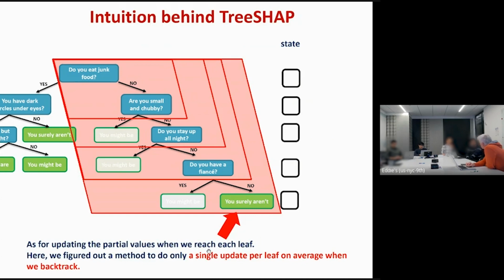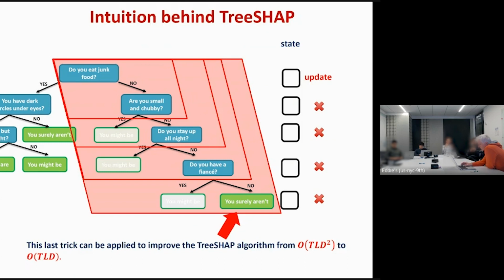This is again the standard trick, like the Eulerian tour of the tree. Instead of going to each of the subtrees, we can find the marginal contribution on average by going once around the tree. So the last trick improved the TreeSHAP algorithm from TLD squared to TLD.